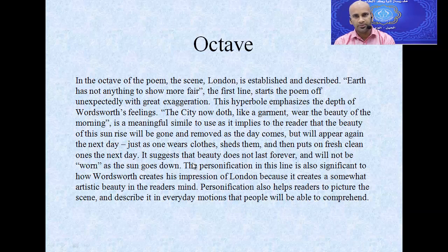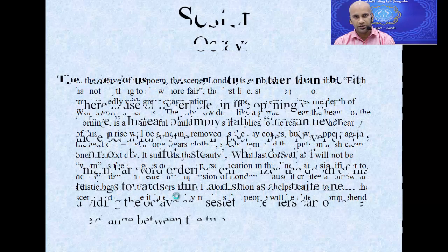It may not have the same beauty in the afternoon or evening, maybe because of pollution, or some other aspects. The personification in this line is also significant in how Wordsworth creates his impression of London, because it creates somewhat artistic beauty in the reader's mind.